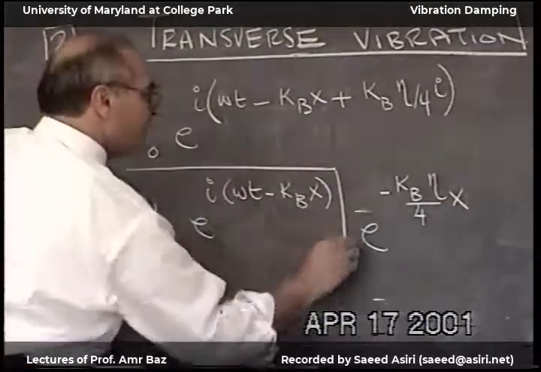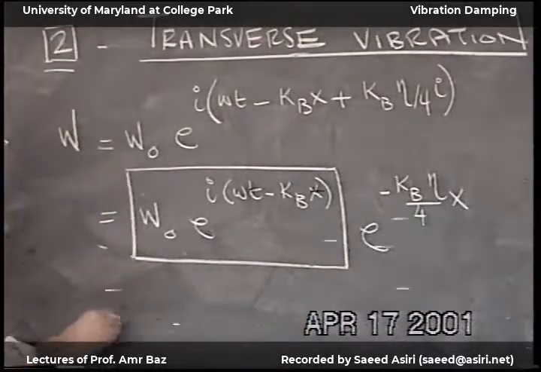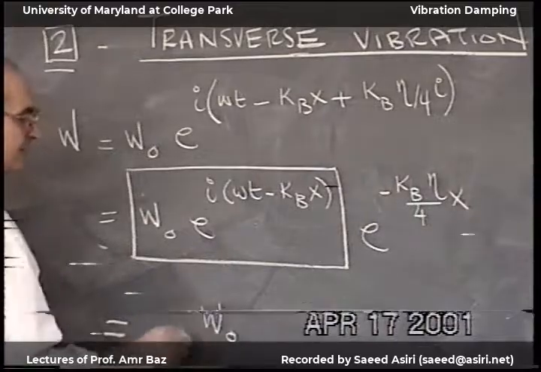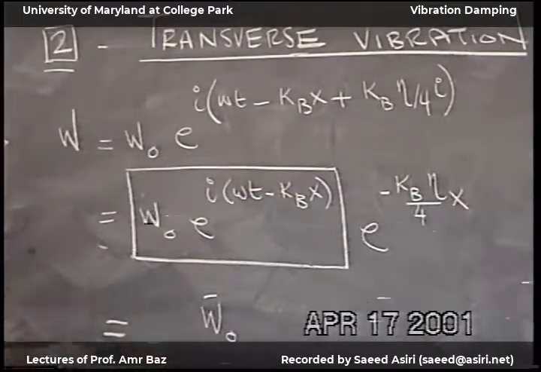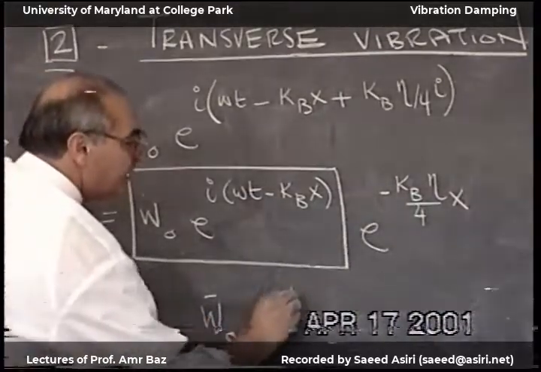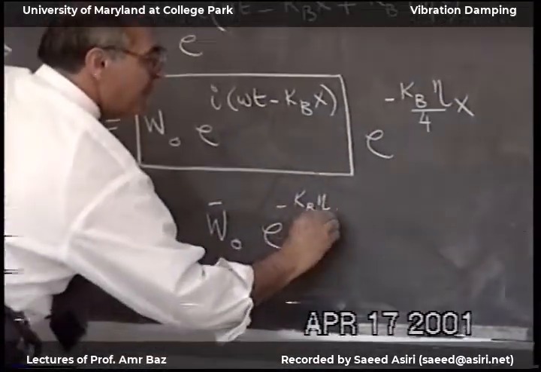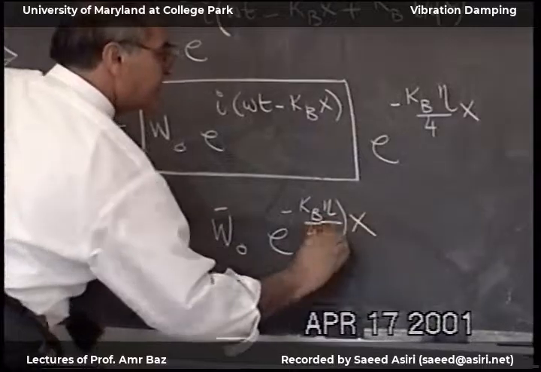And this whole thing, I'm going to just call it any other name like W0 prime, e to the minus k b over 4 eta times x.